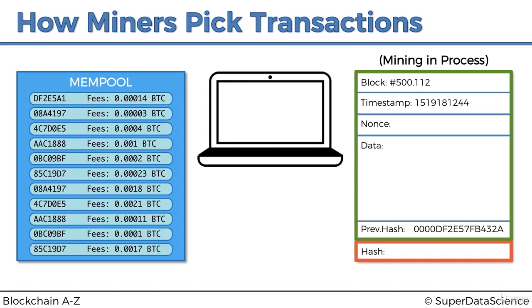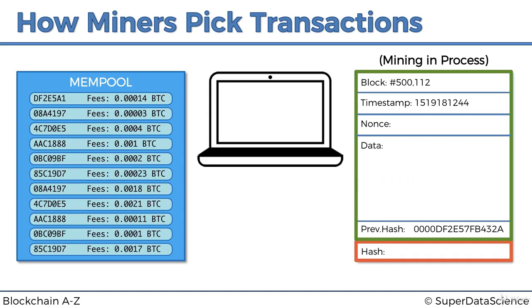Let's say, for argument's sake, that there's a maximum of 5 transactions they can include. In the real blockchain world, there's a different limit. The limit is 1 megabyte, and however many transactions fit in there, about 2,000 transactions fit per block. But for our purposes, we'll just say that a miner can include a maximum of 5 transactions here.